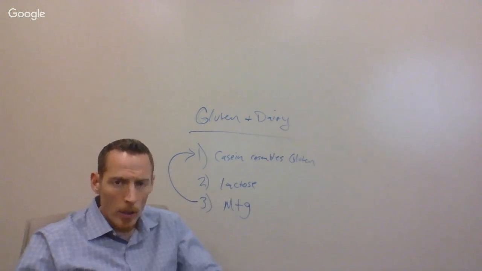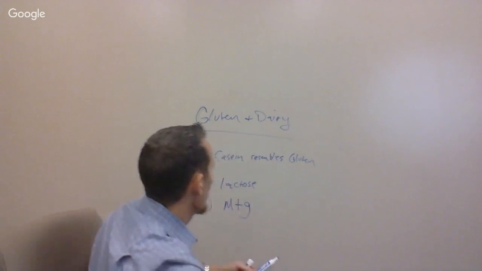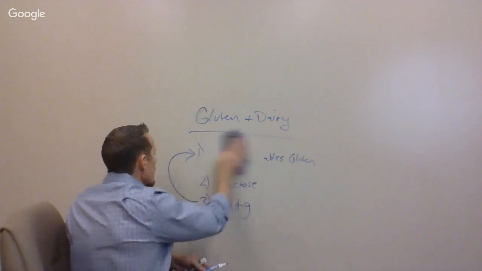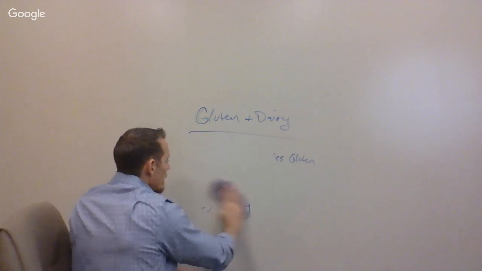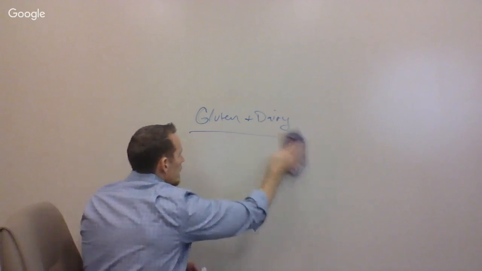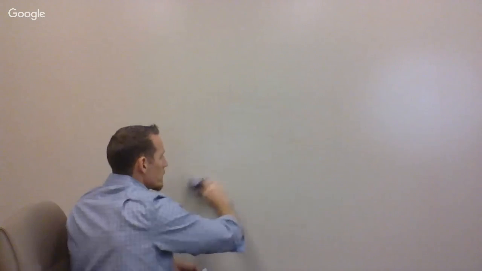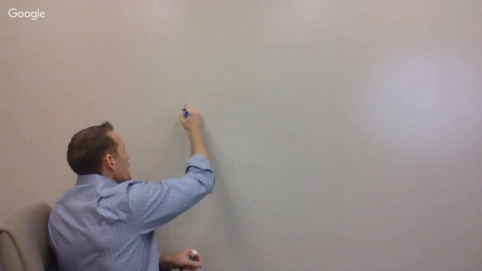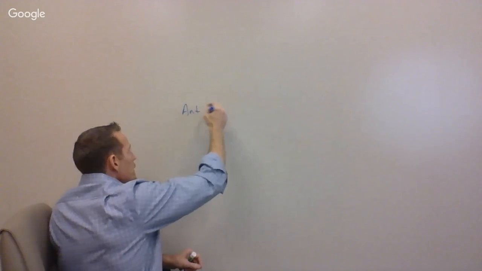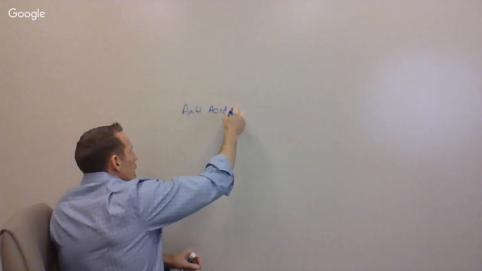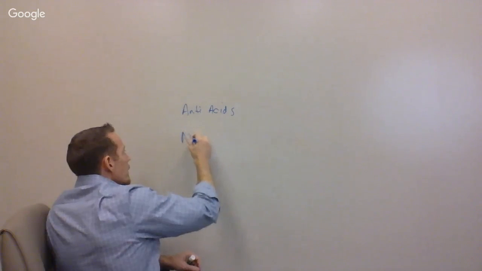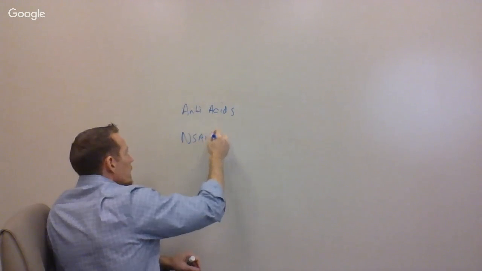Now, drug-induced nutritional deficiencies are very important to understand, and I'm going to talk about some of the main issues of some of the more common medications that we'll see people taking. One is antacids. Another one is non-steroidal anti-inflammatory drugs, or NSAIDs.